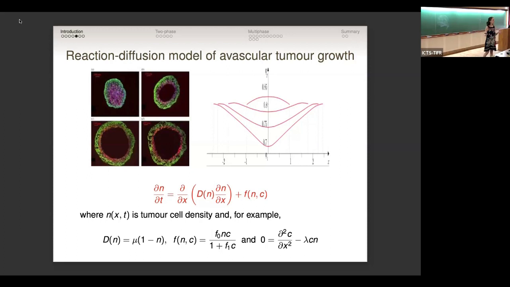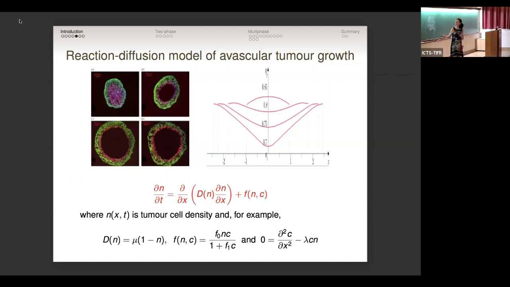So rather than this integral differential equation defining capital R of T, here what I've got instead is N, my cell density at a given position within my tumour domain, and I have nonlinear diffusion, and a net local growth rate which depends on the local cell density and the local nutrient concentration. And I couple this PDE to my nutrient equation.